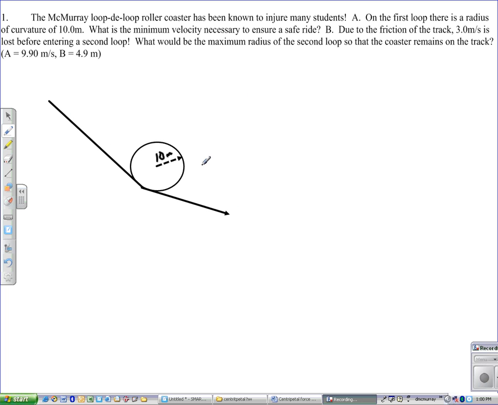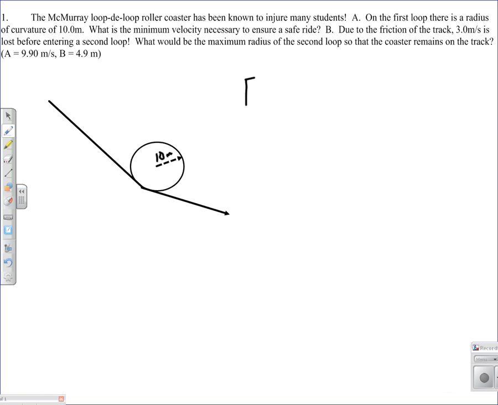What we're going to find is that we're working with centripetal force. And so centripetal force equals mv squared over r. But if we go in a loop, at the top of the loop, which is when we may fall out of the roller coaster if we weren't going fast enough, we have to at least equal the weight.